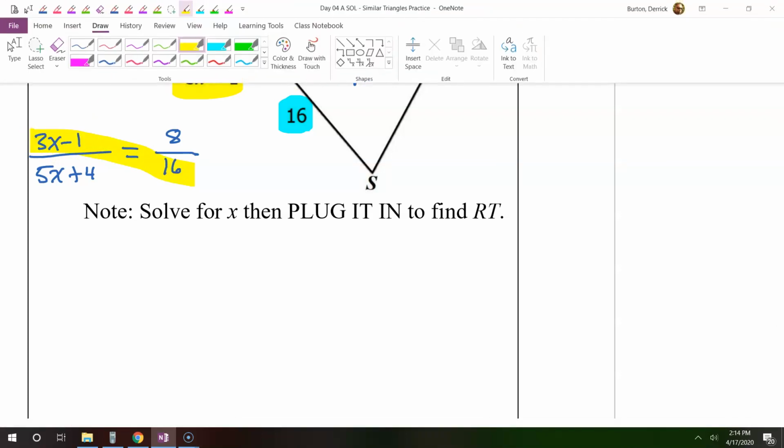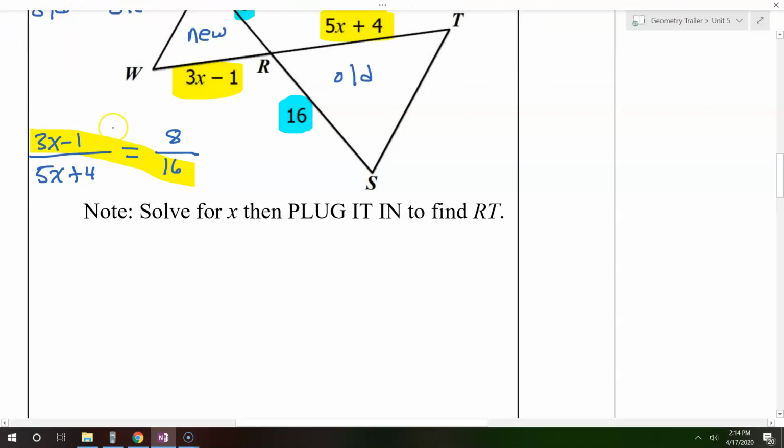All right, looking at the down diagonal, never forget that we are doing the distributive property. We're taking the 16 and we're multiplying it by 3x and negative 1. So that's going to give us 48x minus 16.